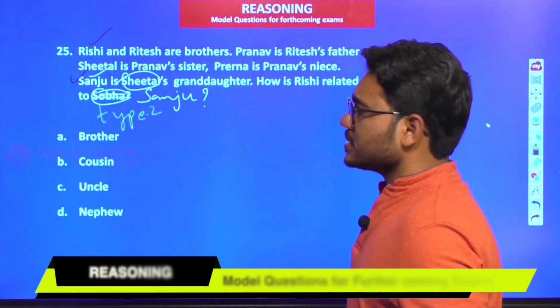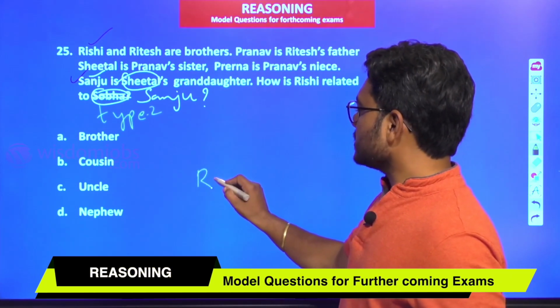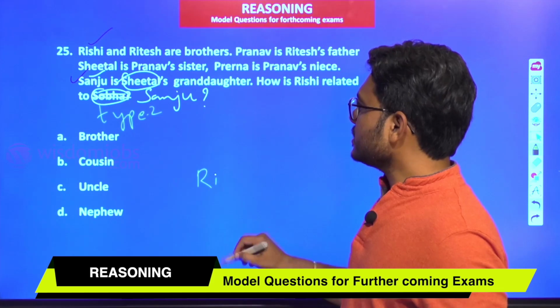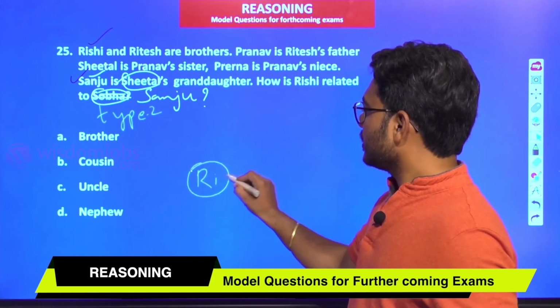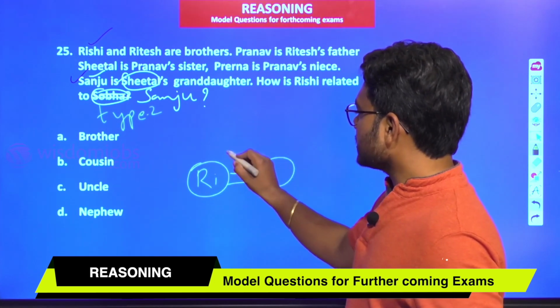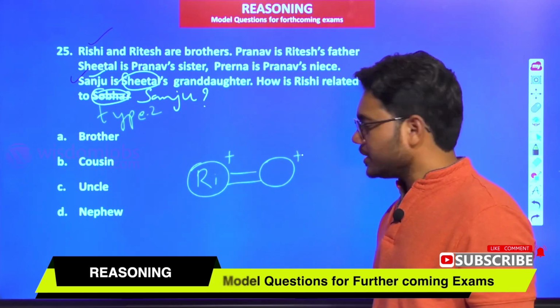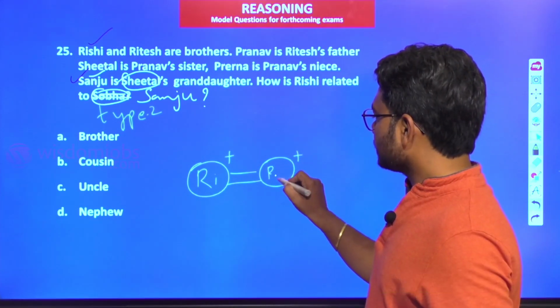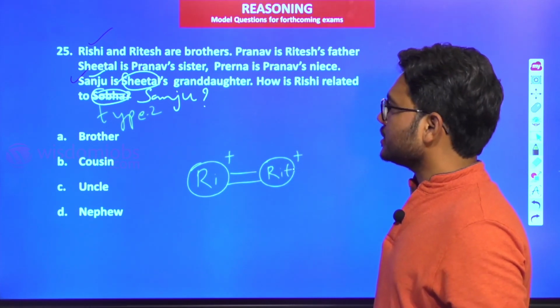Let us go ahead with drawing this family tree or relationship tree. Rishi and Ritesh are brothers, so obviously both are males here; by the name itself you can also identify. Let me write Rishi and Ritesh.